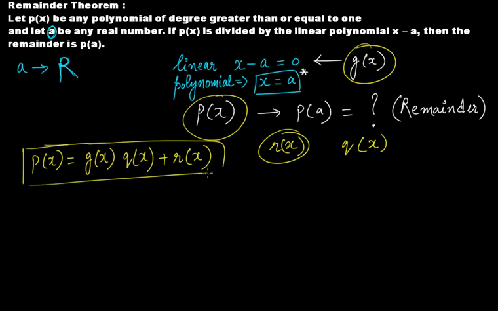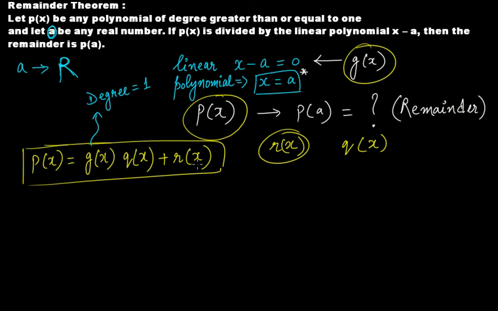Now tell me, in the case of the remainder theorem, one condition is fixed, that g(x) has to be a linear polynomial. If g(x) is a linear polynomial, then its degree will always be equal to 1. That is fixed.